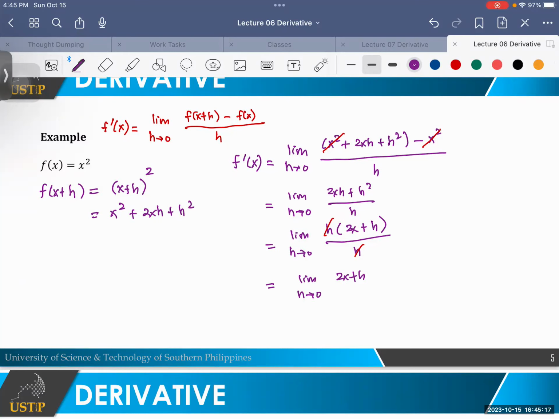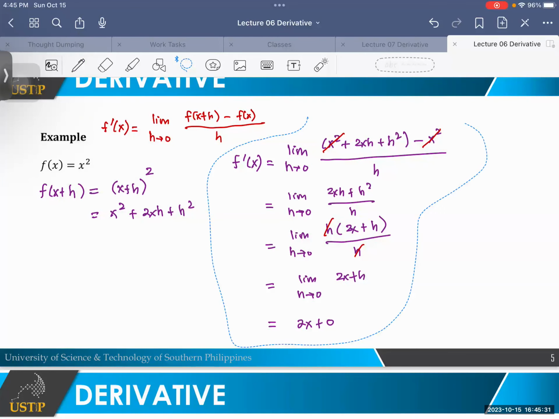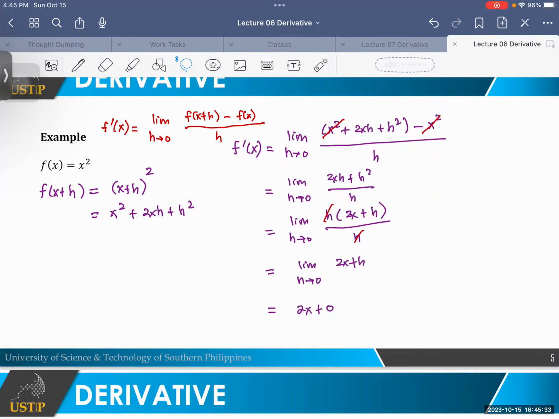Now, we already know, at this point, it can't be simplified further. So we can substitute the value 0 for h. So that leaves us with 2x plus 0. So that means the derivative of the function is 2x.